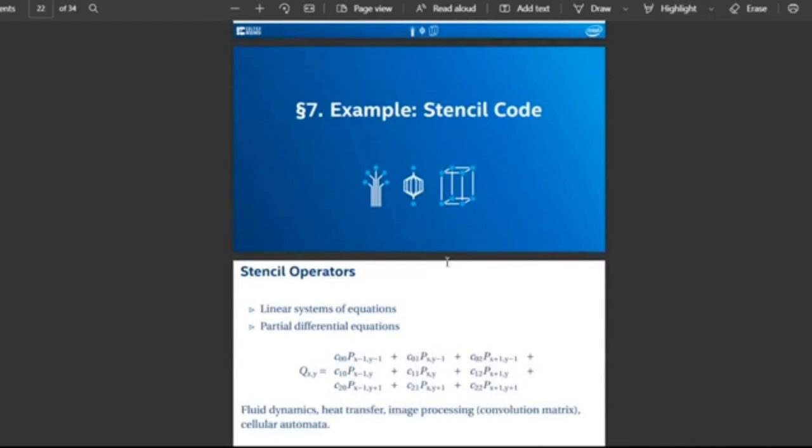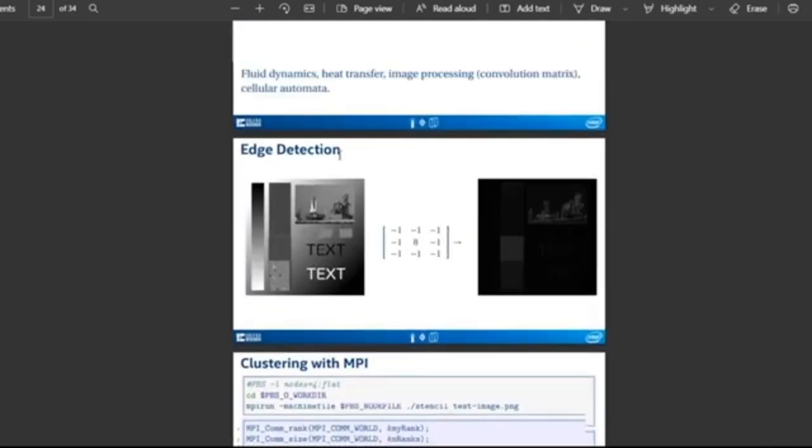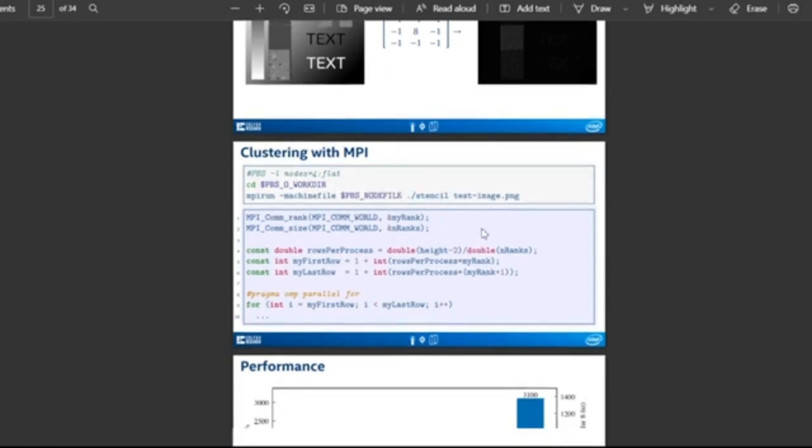So these are some examples here, and if you look at here, we've put in MPI rank, MPI size, and as we're running the code, we've got to run it with mpirun. We're running it with 4 nodes here, and so this is our cluster, and we've basically got our stencil here, and we've got our image here, and then we're running it.